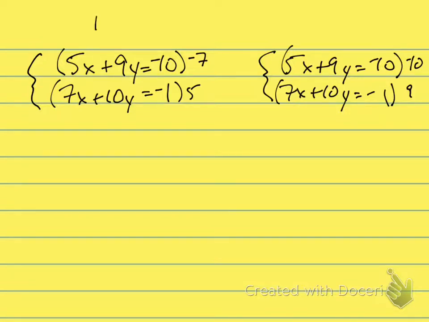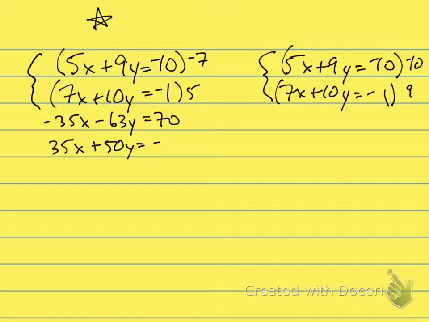So I'm going to work on this side. I'd get negative 35x minus 63y equals 70, and I'd get 35x plus 50y equals negative 5. So these are the same two lines as I had above.